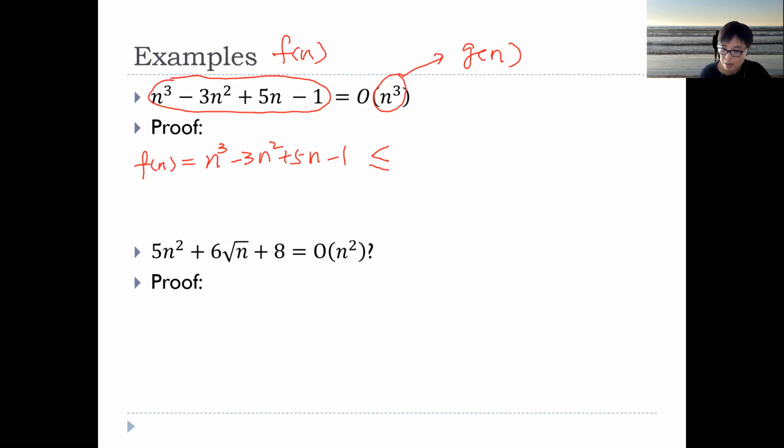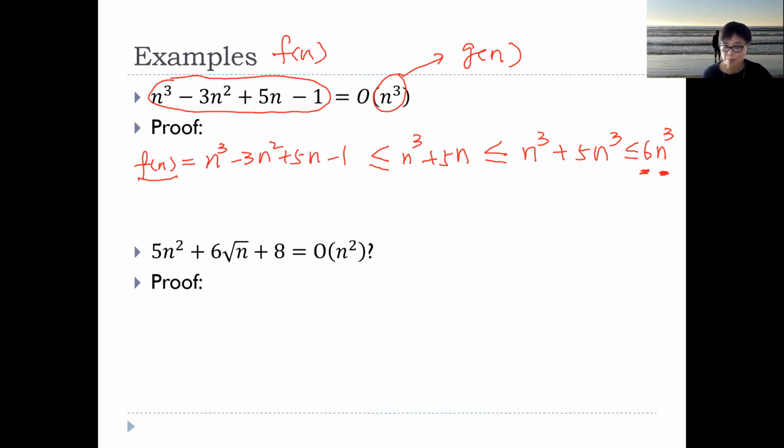So this is smaller than n cubed, and minus 3n squared is negative, so I can just ignore it, which is further smaller than n cubed plus 5n cubed, because clearly 5n is smaller than 5n cubed. So I don't even have to be tight. We see that f of n is smaller than 6 times n cubed, which is g of n, and this actually holds for any positive n.